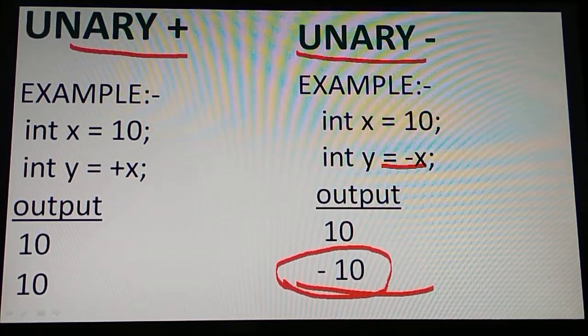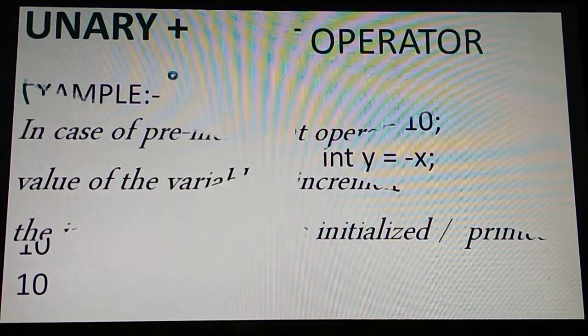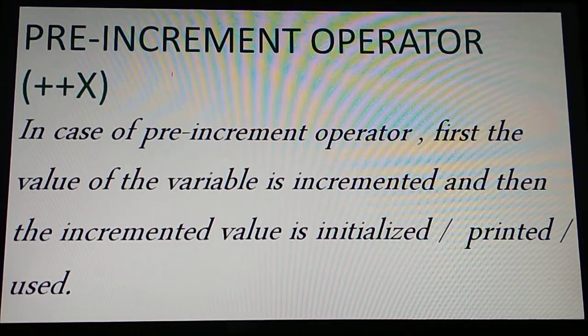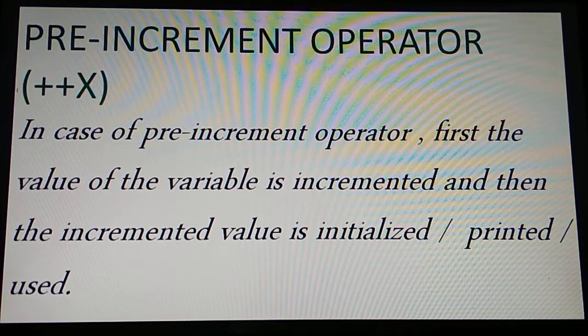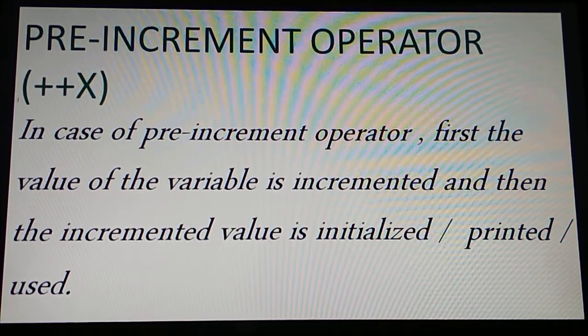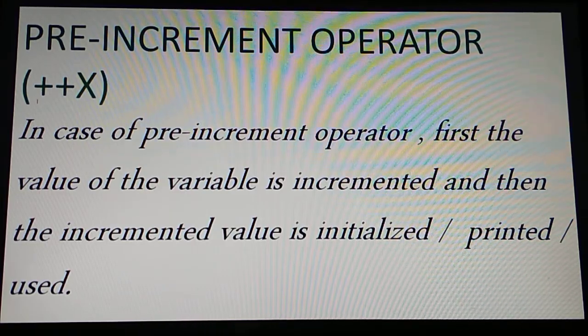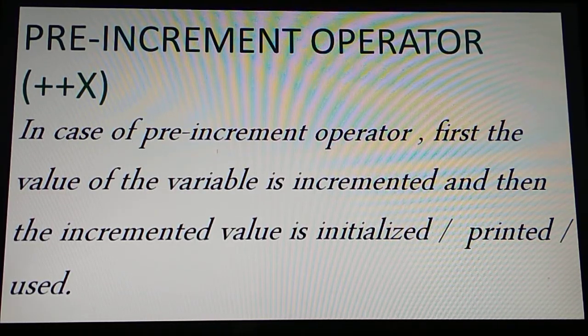Now I will talk about unary plus plus and unary minus minus. See here, the pre-increment operator of unary plus plus. In the case of the pre-increment operator, first the value of the variable is incremented, and then the incremented value is initialized, printed or used.